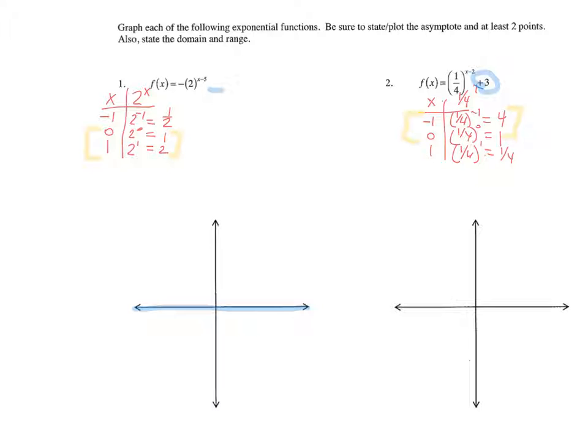For this graph, it has an asymptote at 3. And points will not be below that value or possibly above that value, depending on whether the graph is reflected or not.